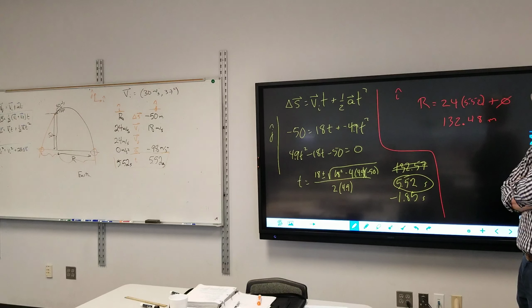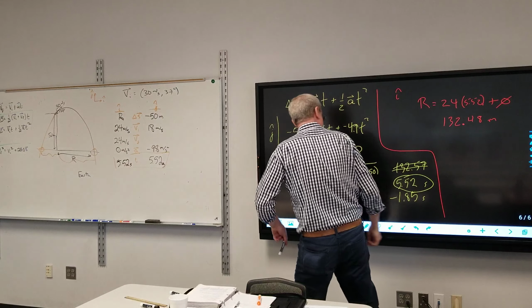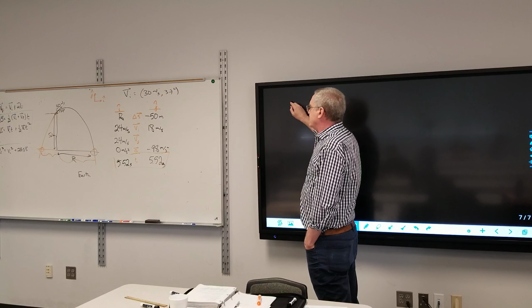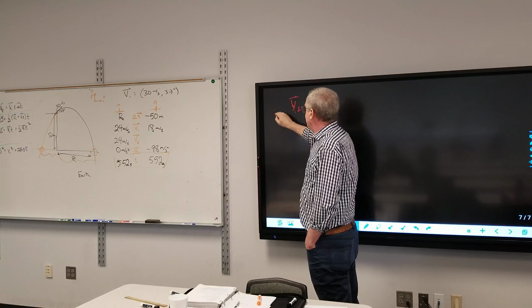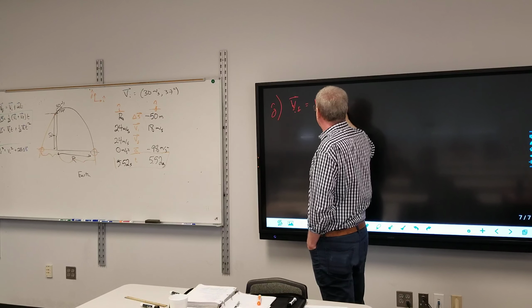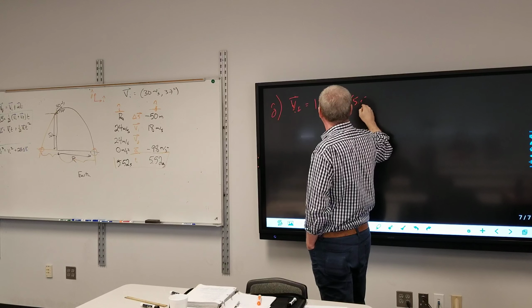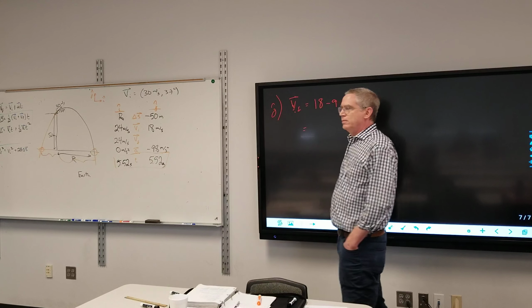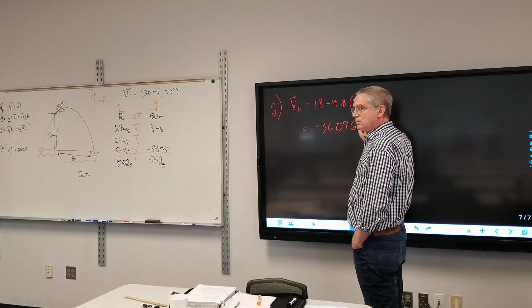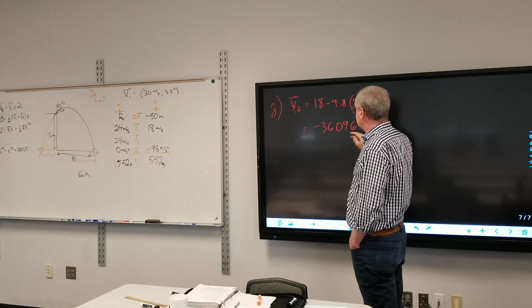How do we find the vertical component? Okay, so if we plug into the first equation, we get V final, this is J hat stuff here, is equal to 18 minus 9.8 times 5.52, which is -36.096 meters per second.